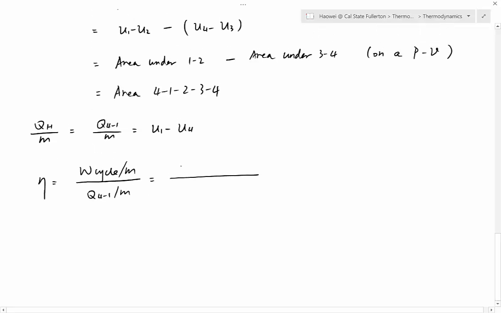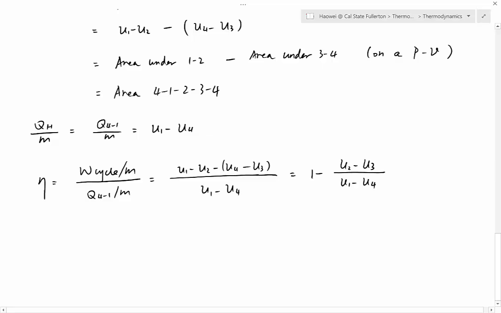For the numerator, it's U1 minus U2 minus U4 minus U3. And for the denominator, the solution is U1 minus U4. We rearrange that. The solution is 1 minus U2 minus U3 divided by U1 minus U4.